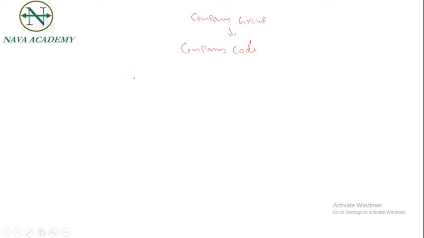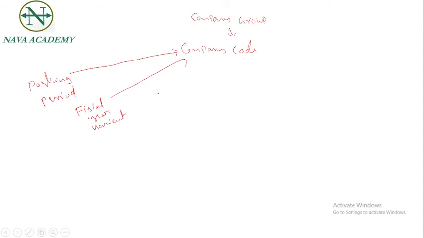What are those activities? We define posting period. We define fiscal year variant and linked the fiscal year variant to company code. We linked field status.